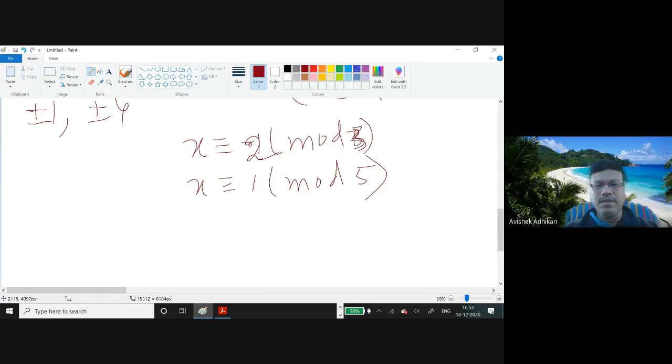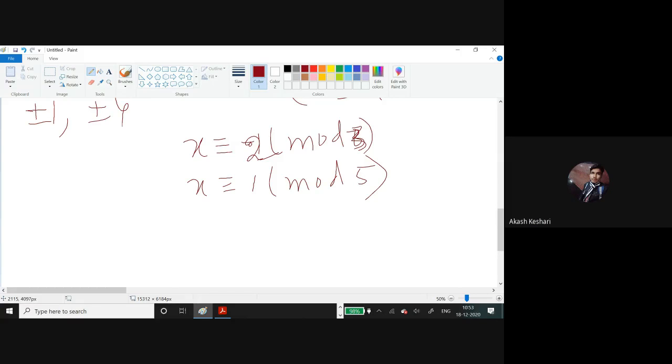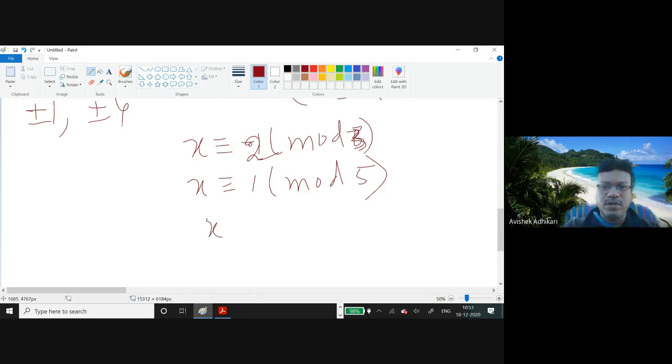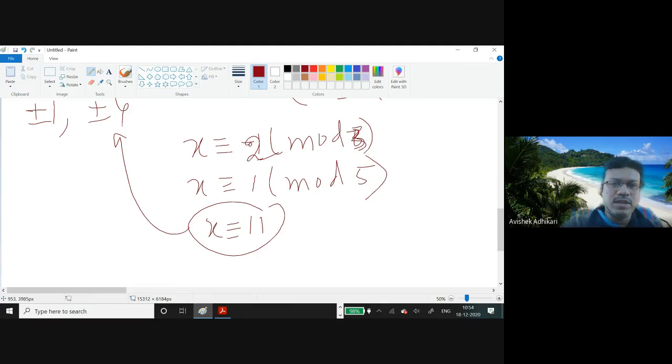Can you give me a solution for that? Sir, 11. So x equal to 11 is a solution. Now you can see that x equal to 11 is already there. That means this is nothing but minus 4.